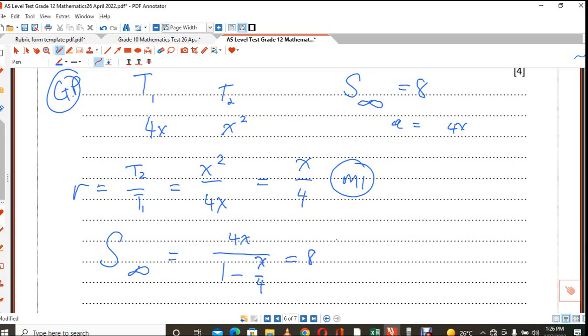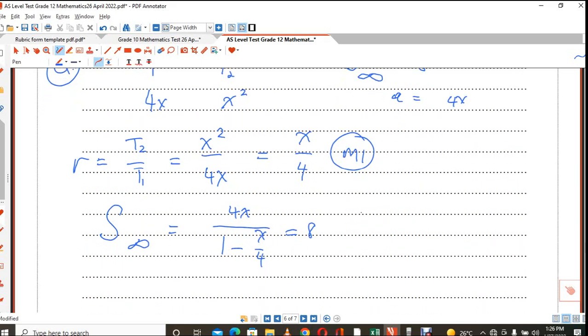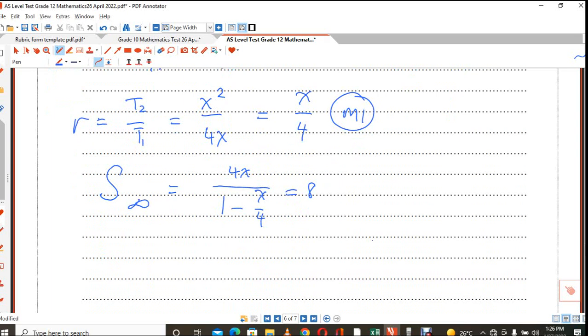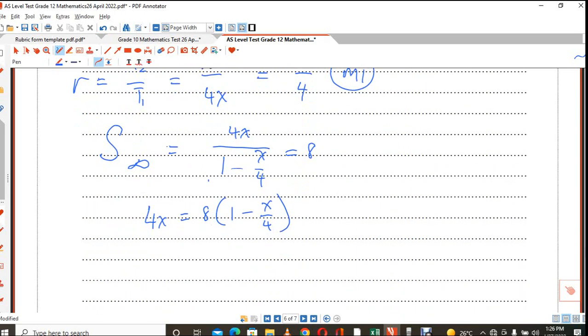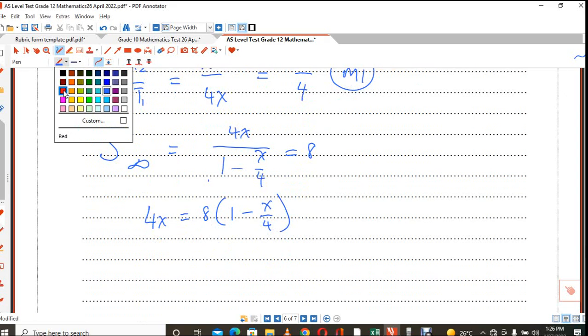This should equal to 8. This is something that you should be able to solve. So maybe I say 4x equals to 8, then 1 minus x upon 4, just to get rid of that. This is just normal algebra.